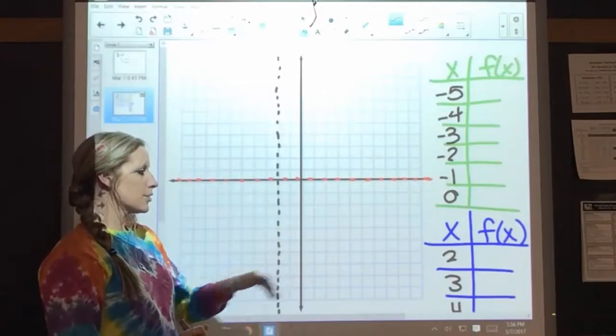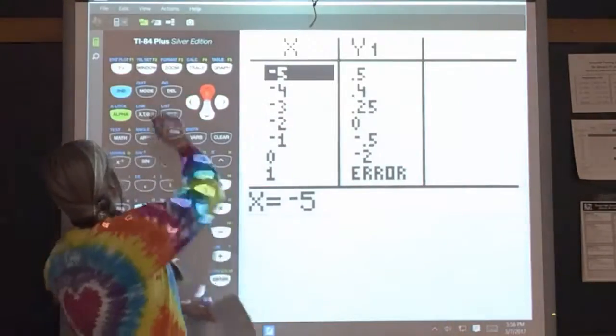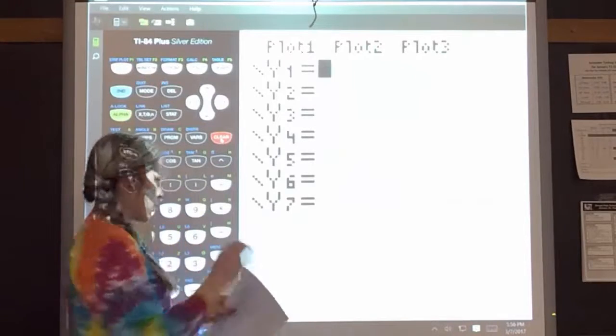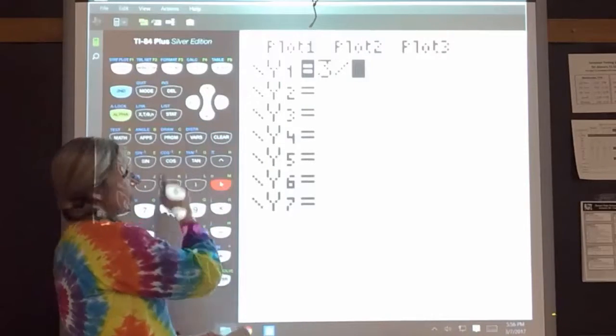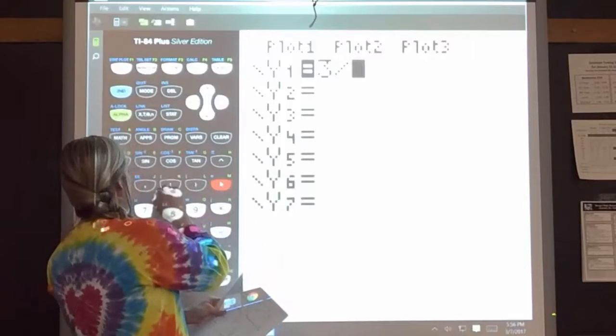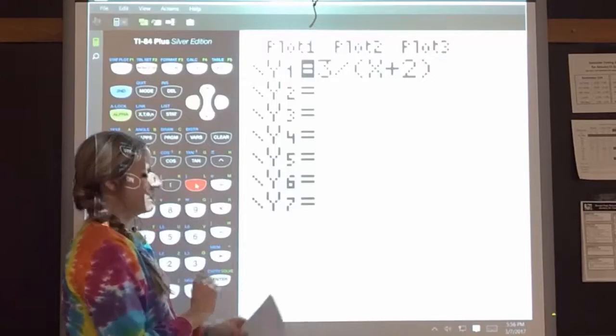Once you have those asymptotes drawn, we're going to go to our calculator. Go to y equals, and we're going to put in our equation. So 3 divided by, make sure that x plus 2 is in parentheses. Okay, so parentheses x plus 2.